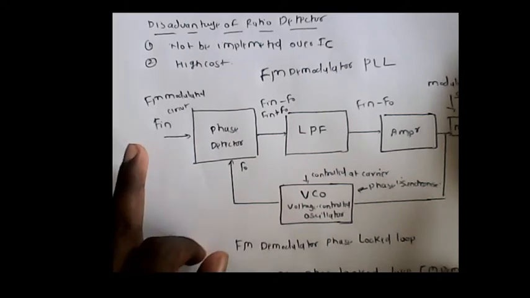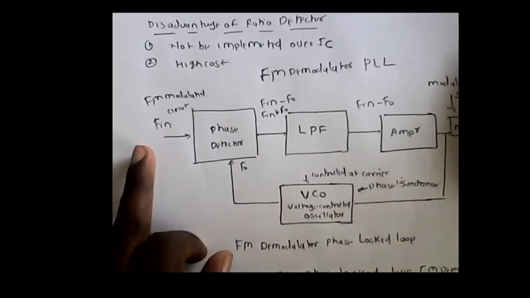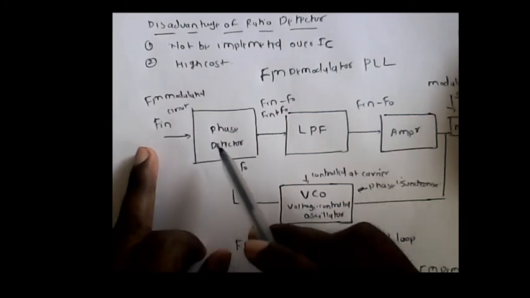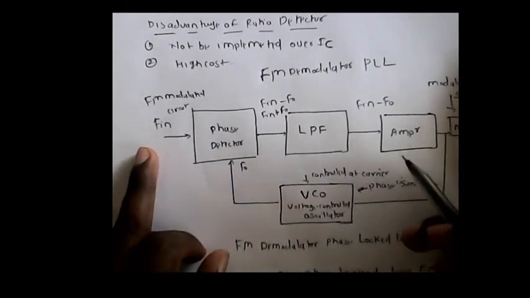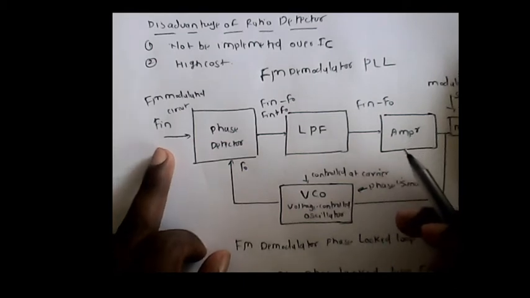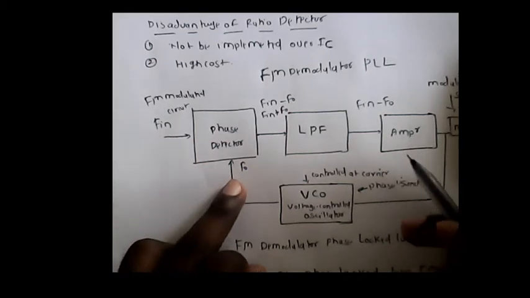The received FM signal is applied to the phase detector. The phase detector is actually a product modulator, where the two inputs are Fin and F0.